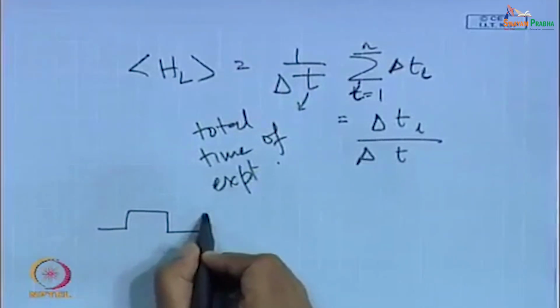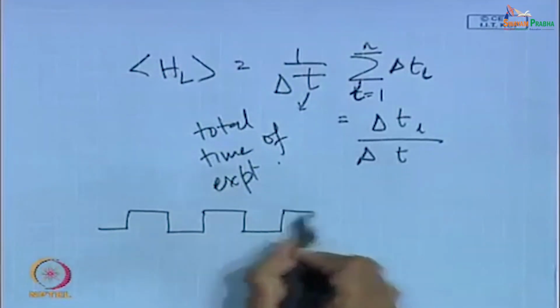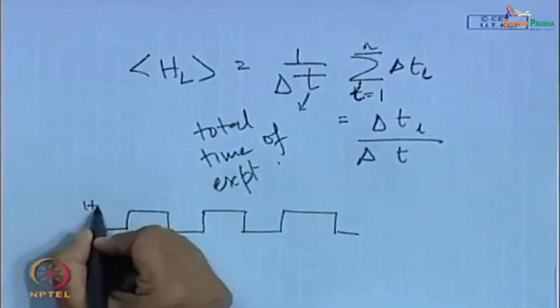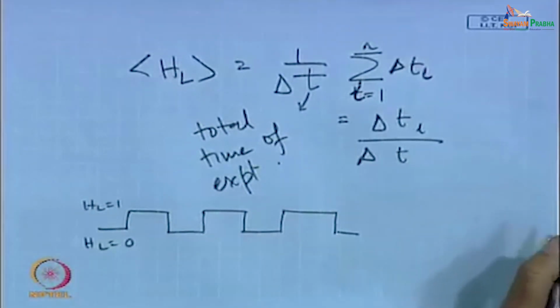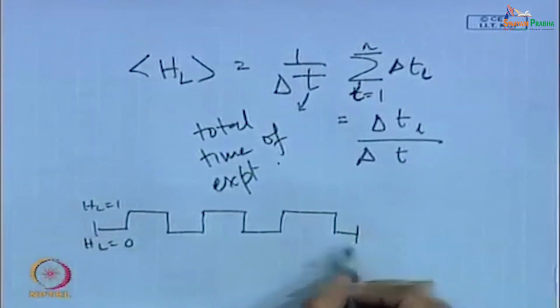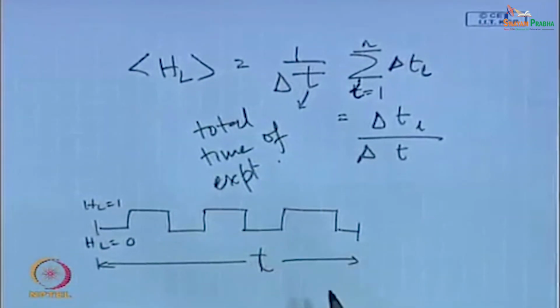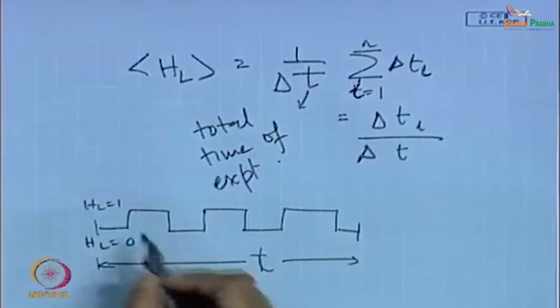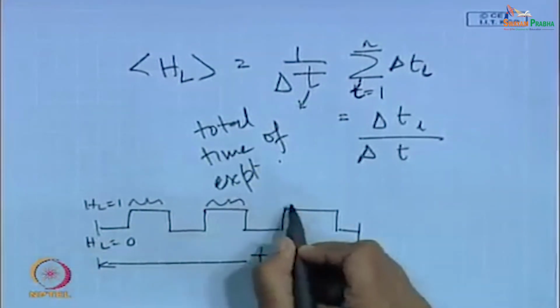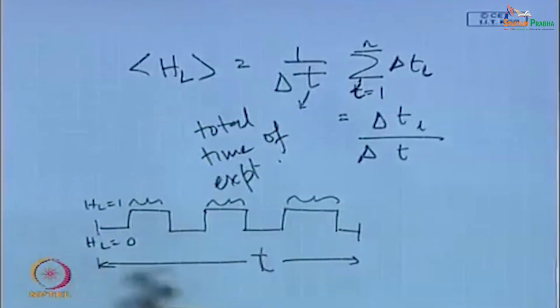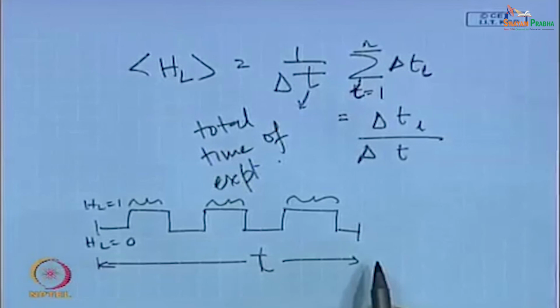But ideally you should get some sort of a square wave, where this gives you H_L equals 0, this gives you H_L equals 1. You take the measurements over the entire time, this gives you the total time of measurement. Out of that you find out for how long H_L was equal to 1. This particular time divided by the total time gives you the time average void fraction.